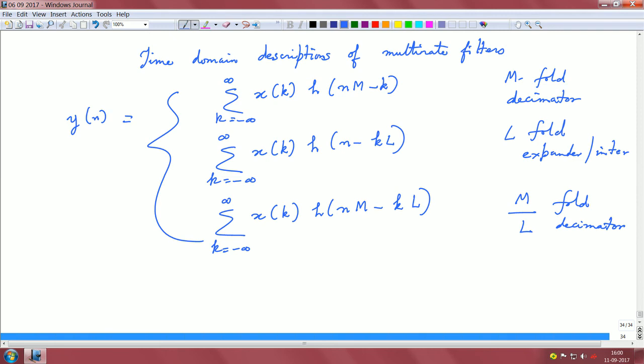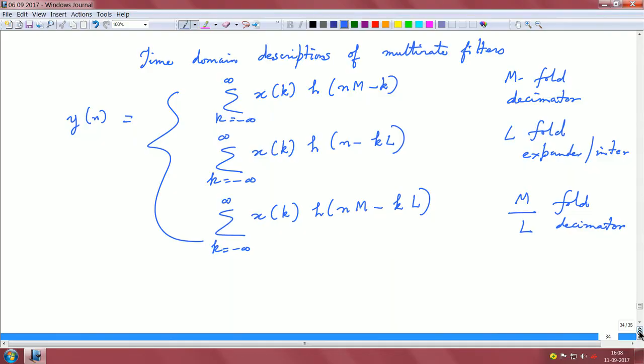Whichever is convenient to you, if you were to go in the time domain or in the frequency domain, feel free to adopt whichever path you would like to choose. That makes it easier for you to understand and interpret the flow of the signal through multirate operations along with filters. In these multirate operations we have filters along with them.